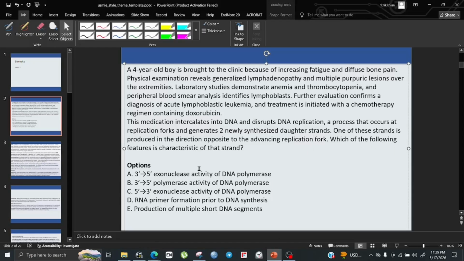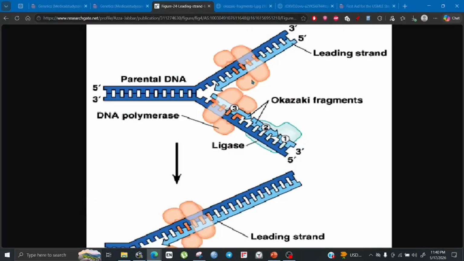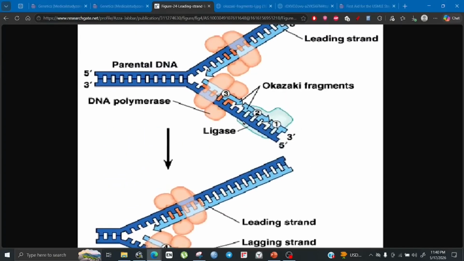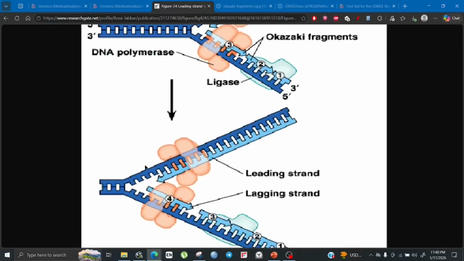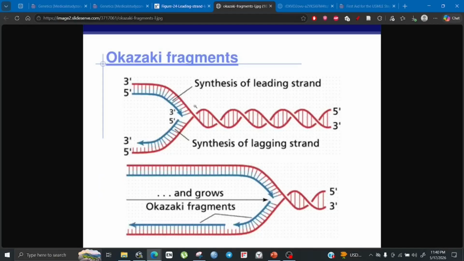which of the following features is characteristic of the strand they're mentioning, the one produced in the direction opposite to the advancing replication fork. So you need to know what this part is. This is a replication fork, right? This V-shaped divergence at this point is the replication fork, the point at which the DNA is separating.